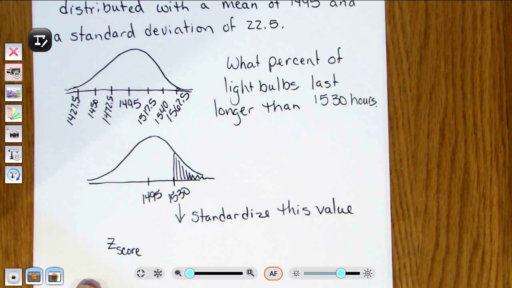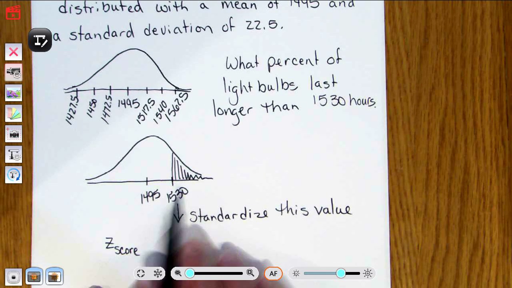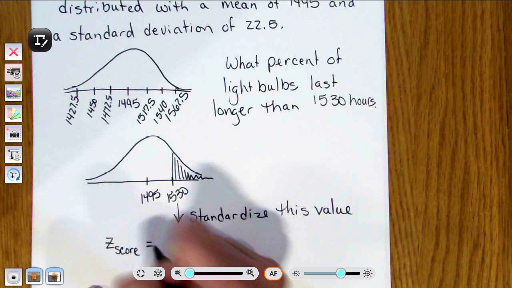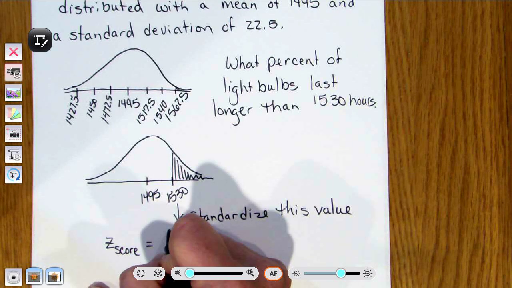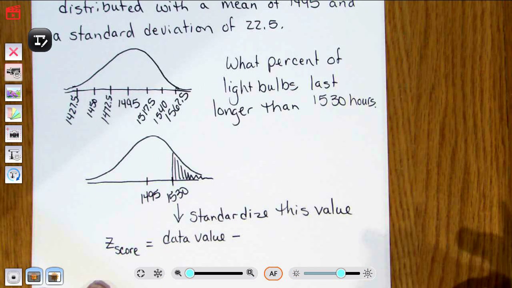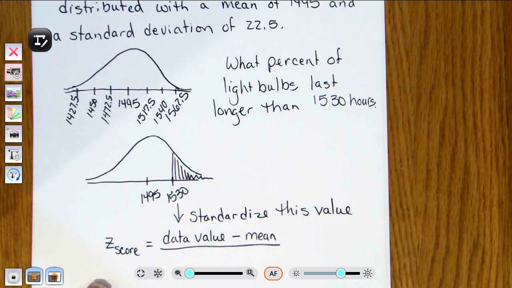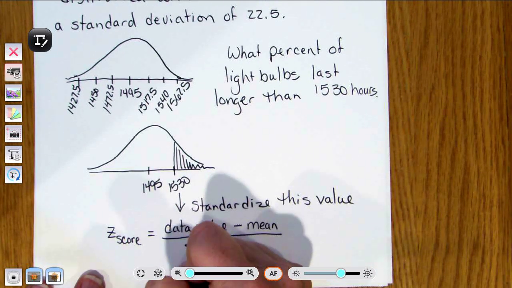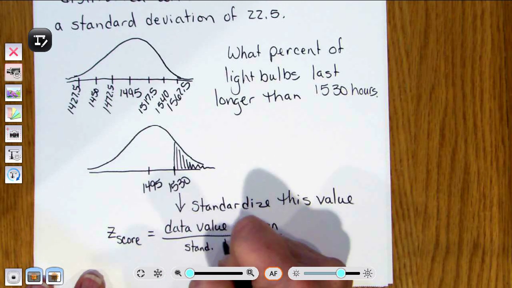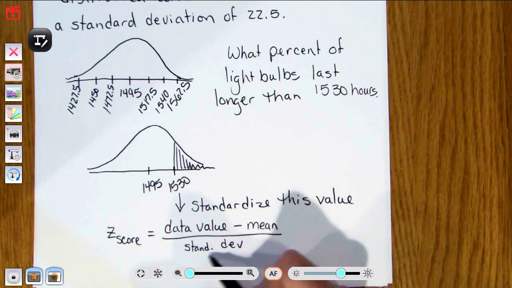If you're reading someplace else and they talk about a z-score, it is just a standardized normal score. To calculate the z-score, we take the data value we're dealing with, subtract off the mean, and then divide by the standard deviation.